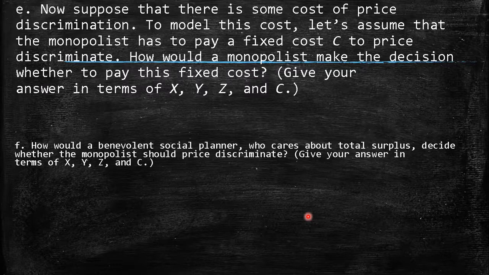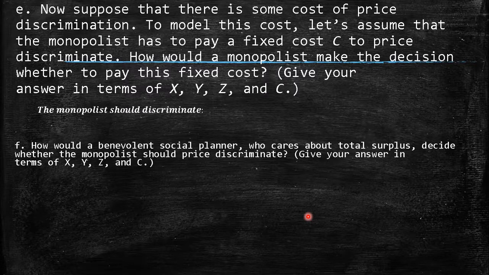And the E part says, now suppose that there is some cost of price discrimination. To model this cost, let's assume that the monopolist has to pay a fixed cost, C, to price discriminate. How would a monopolist decide whether to pay this fixed cost?